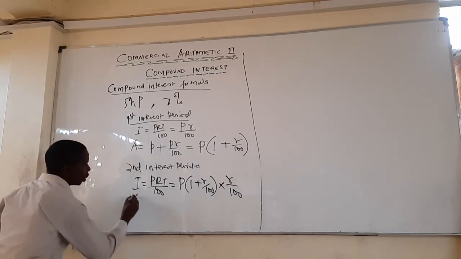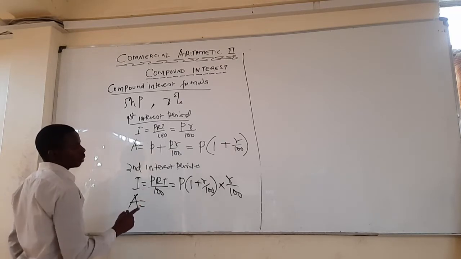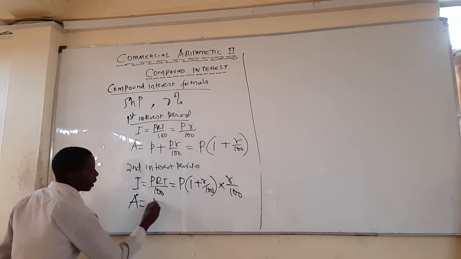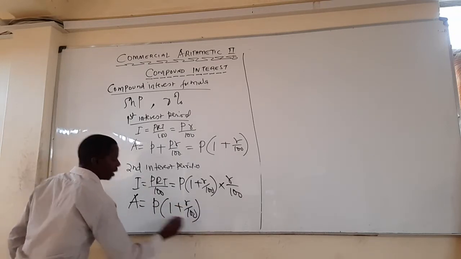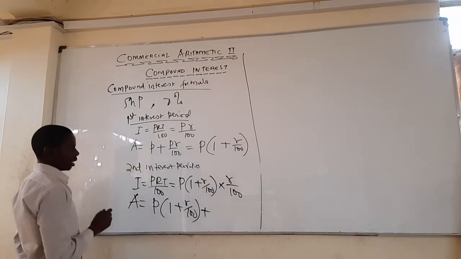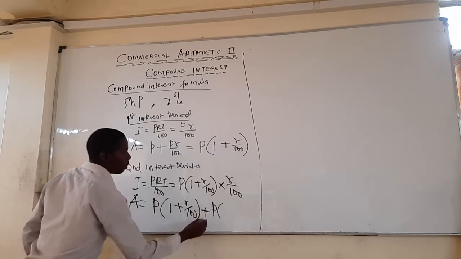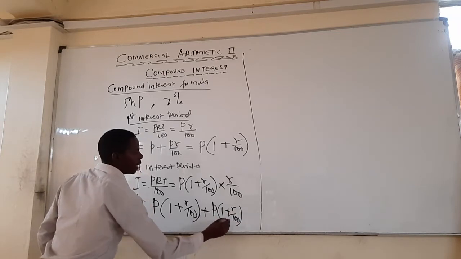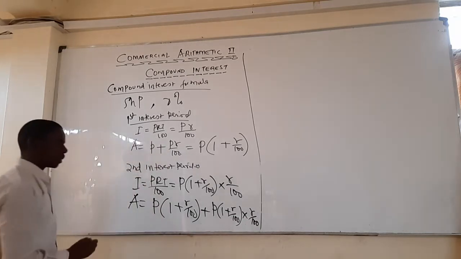So the amount after the second interest period is going to be the previous principal, which is P into bracket 1 plus R over 100, and we add the interest in the second period, which is P into bracket 1 plus R over 100, times R over 100.